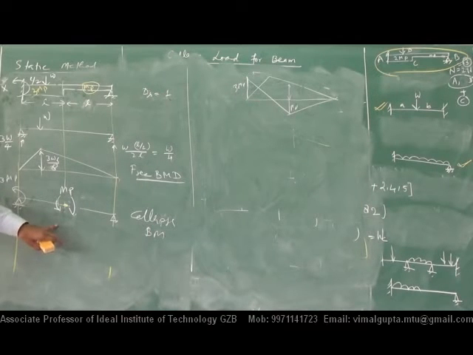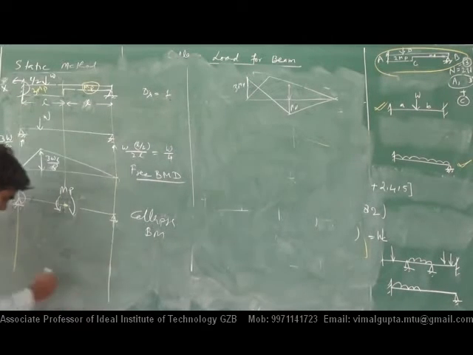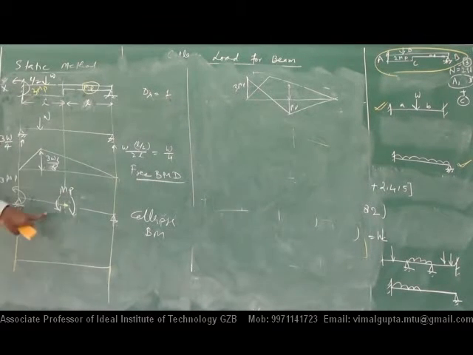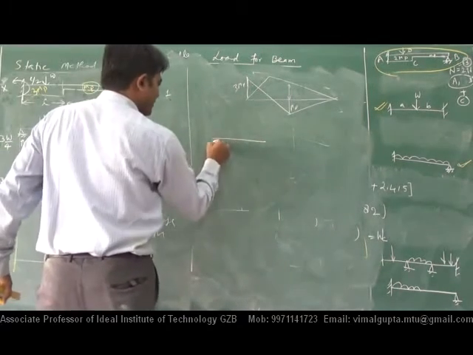Now plot that bending moment diagram. This is the redundant BMD and it can be plotted. We know this plotting.